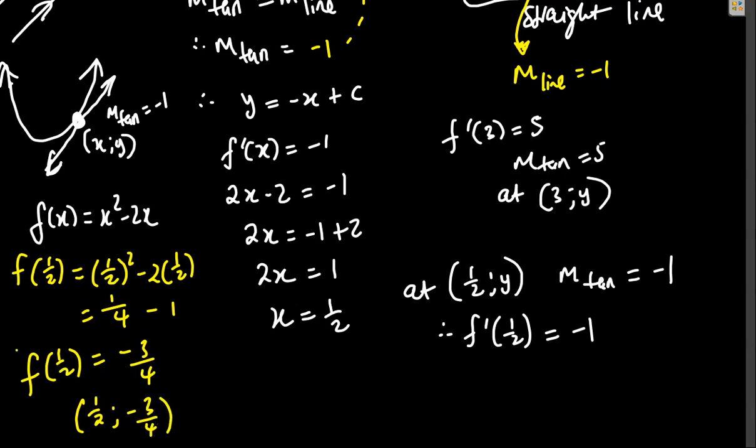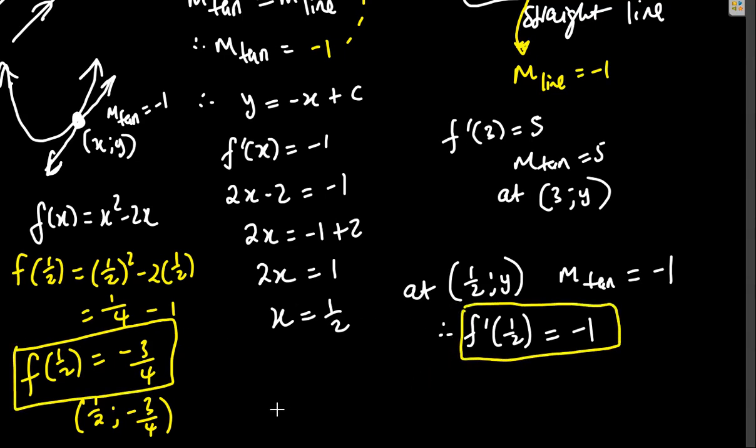So do you see that this and this, they don't mean the same thing? This means when it has a prime, it means the gradient is -1. The gradient of a tangent is -1 at this x value. While here it means the y value is -3/4 at that x value.